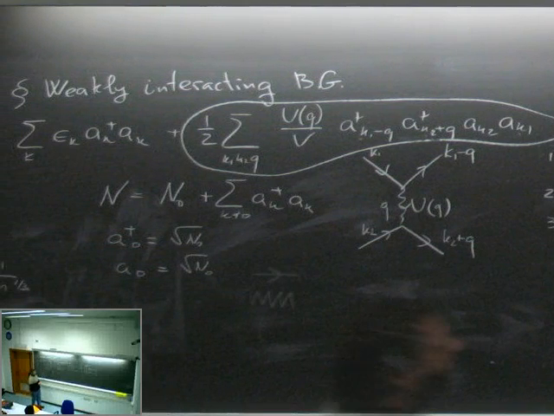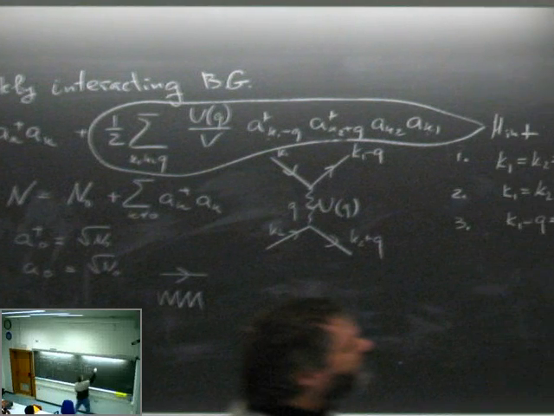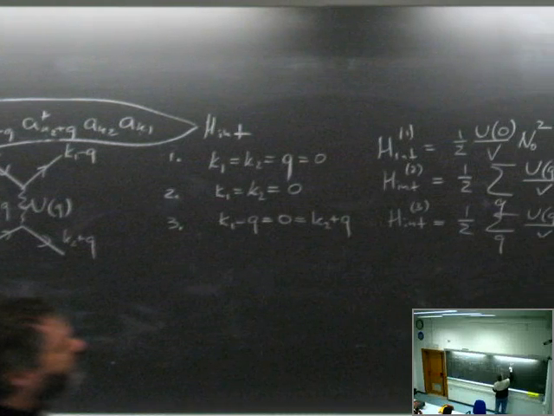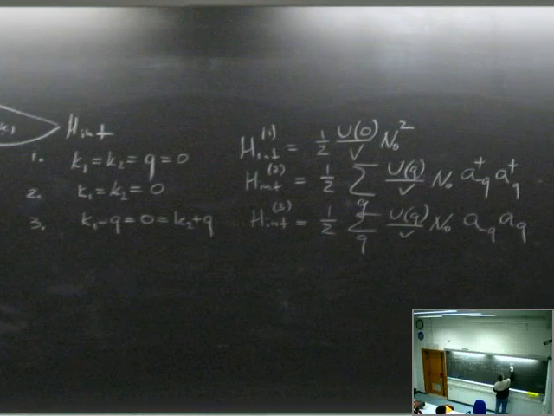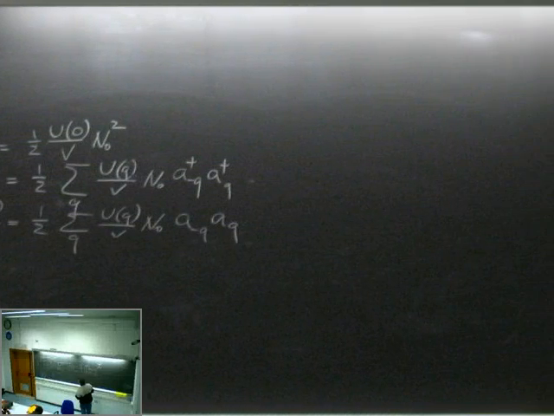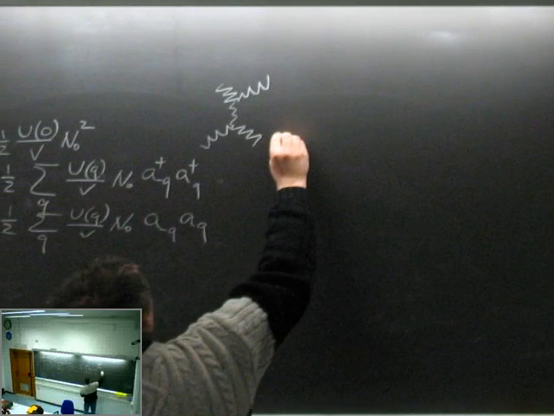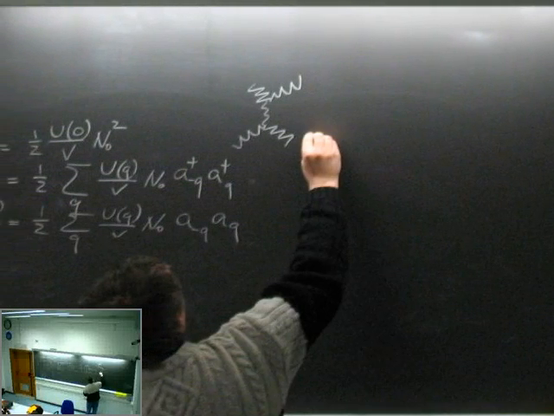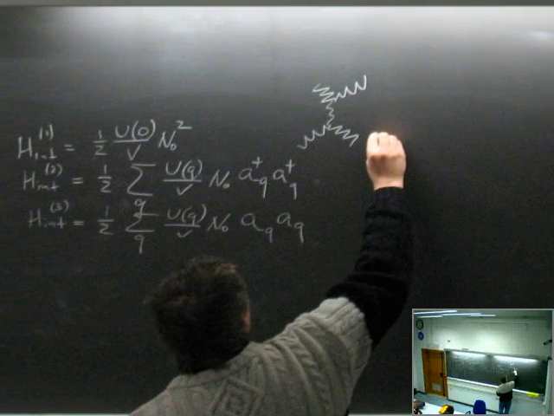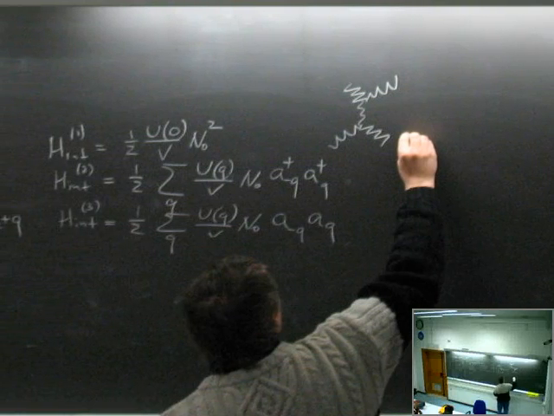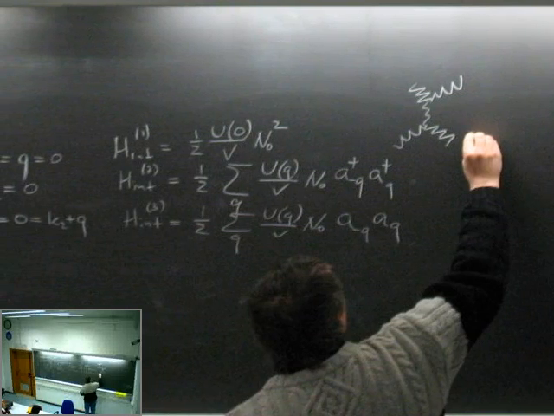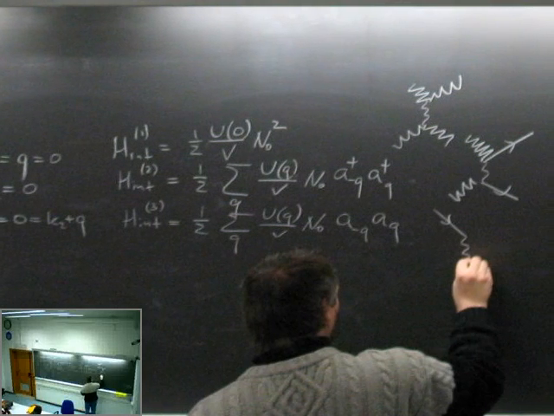If now I denote as a line a boson out of the condensate and as a wiggly line a boson sitting in the condensate, then the first diagram is of that sort, right? The second diagram, when I took two annihilation operators in the condensate, I have this. In the third diagram, I have the other way around.